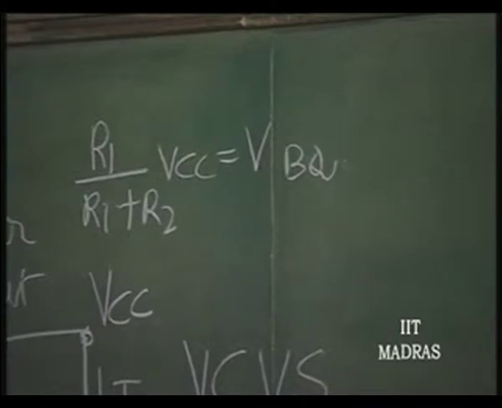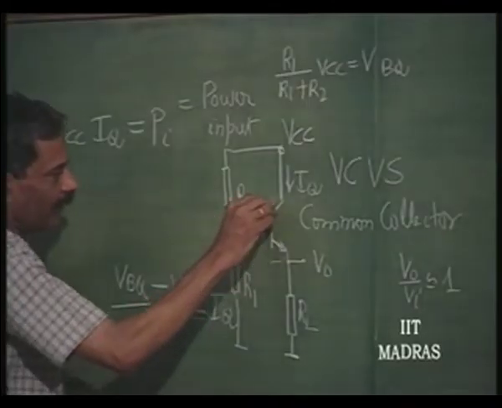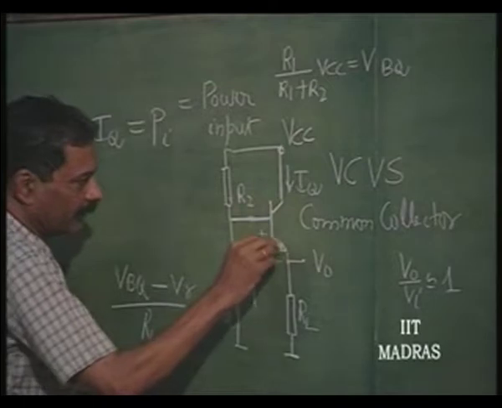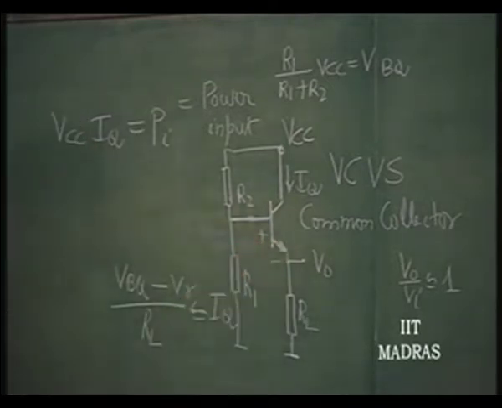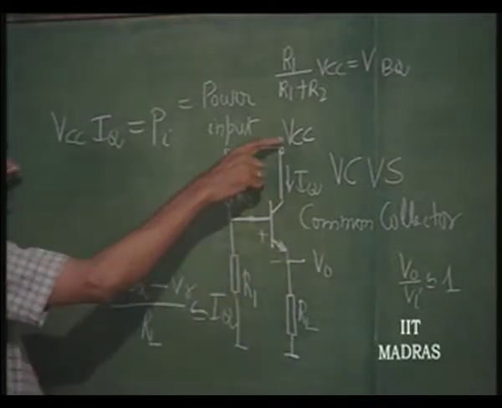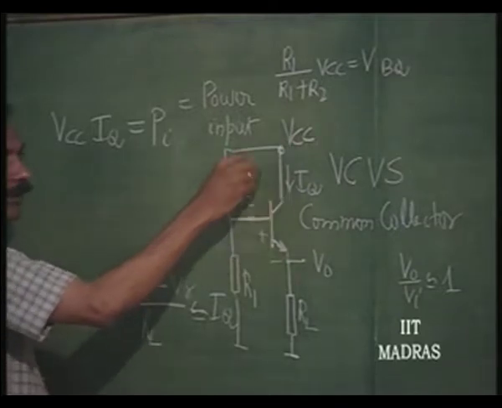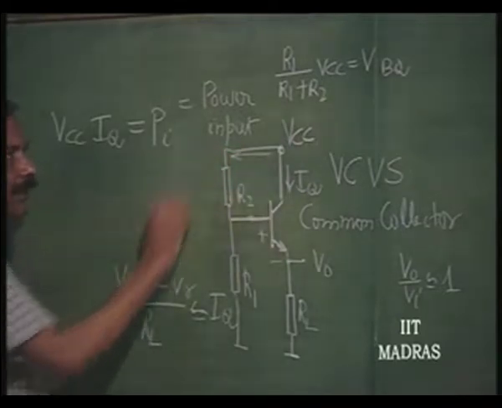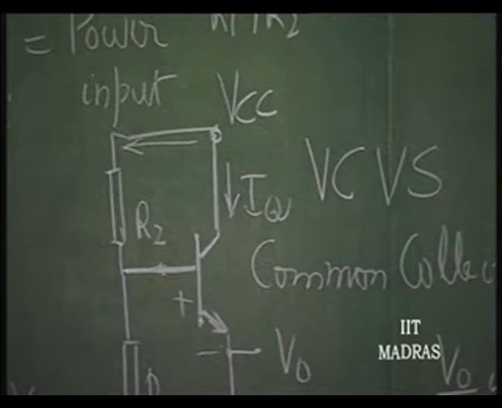This we have discussed earlier. So, this is the biasing arrangement for this power stage. What I am trying to say is the total current is IQ plus the current drawn from here, which is VCC divided by R1 plus R2.